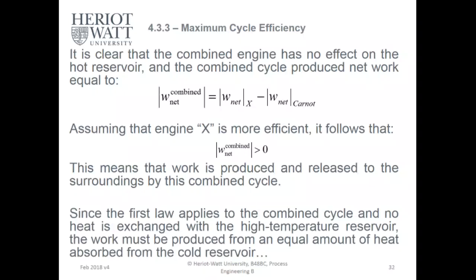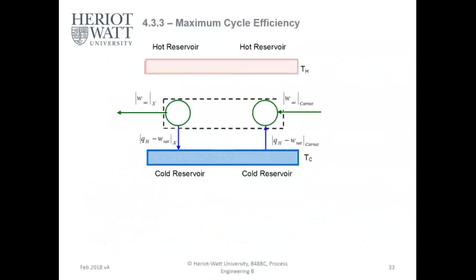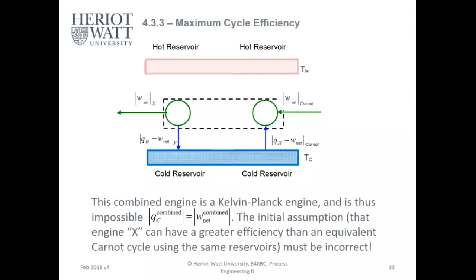And since the first law applies to the combined cycle and no heat is exchanged with the high temperature reservoir, the work must be produced from equal amounts of heat absorbed from the cold reservoir. So, for a combined system, the combined engine is a Kelvin-Planck engine.